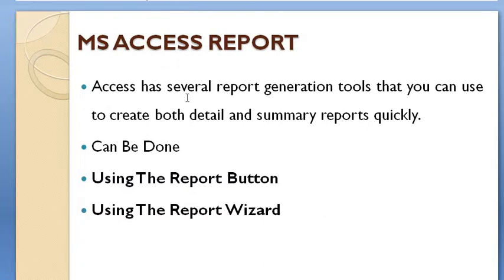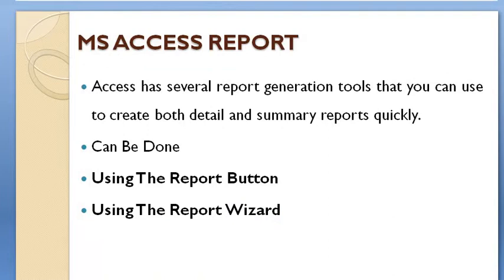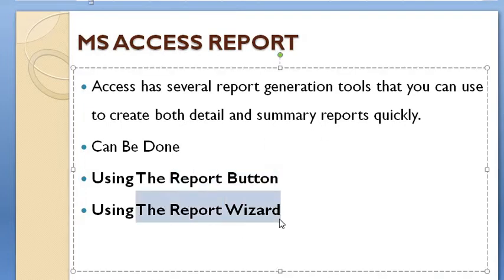Microsoft Access has several report generation tools that you can use to create both detail and summary reports quickly. It can be done in two ways: first, using the report button, and second, using the report wizard.